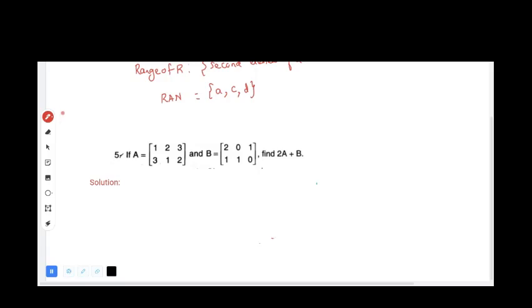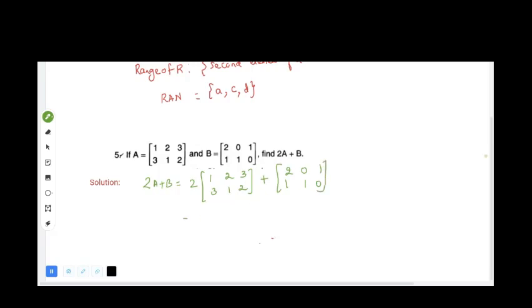Then moving to the next question. If A is 1, 2, 3, 3, 2, 3, 1, 2 and B is 2, 0, 1 and 1, 1, 0, find 2A plus B. So here 2A plus B is 2 into the matrix A, 1, 2, 3, 3, 1, 2, plus B, which is 2, 0, 1, 1, 1, 0.